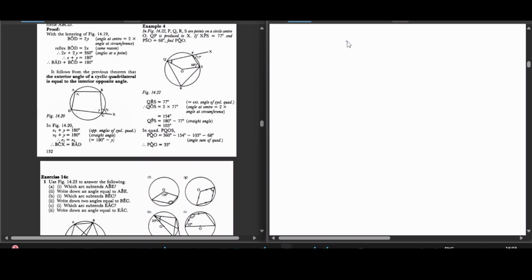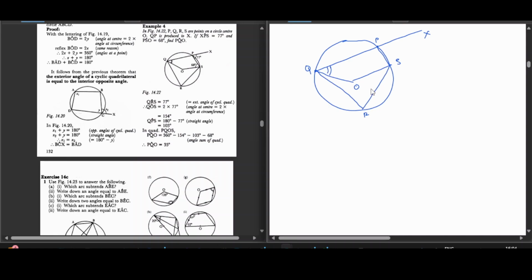So let me try to reproduce the diagram. We have a line QPX. Then from Q we go to O, from O we go to S, and from S we connect P and S. So it's something like this. Then we also need R, connecting to S like this.